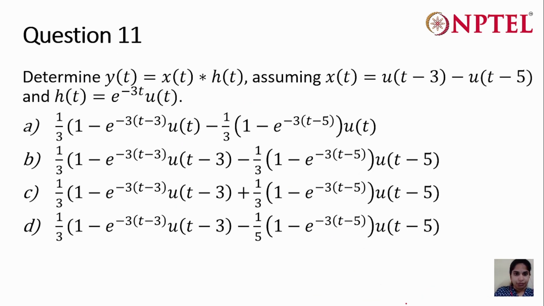Now we have x of t as some subtraction of two unit step signals, and h of t is e power minus 3t into u of t. Now what is our y of t? Can you guys attempt this question?